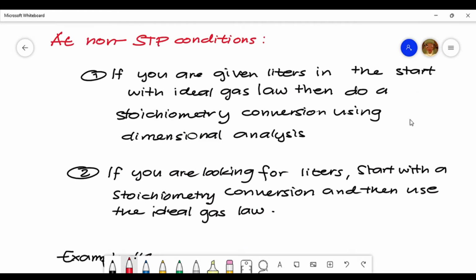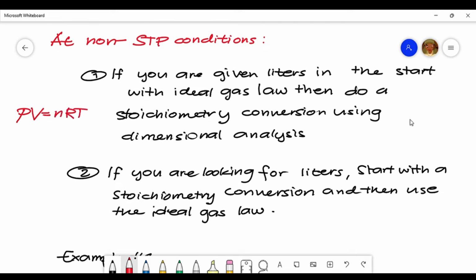Now let's proceed to non-STP conditions. Previously we had one example for gas stoichiometry problems in STP condition. Now we have non-STP. We also have 2 notes here. For non-STP conditions, you will need to use the ideal gas law. If you can recall, the ideal gas law equation is given by PV equals nRT.